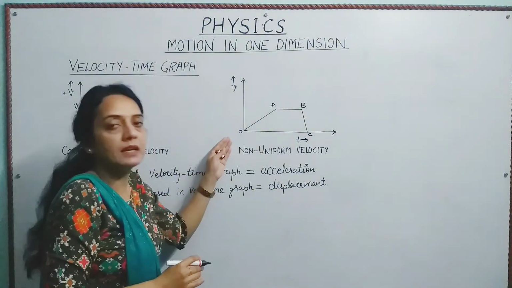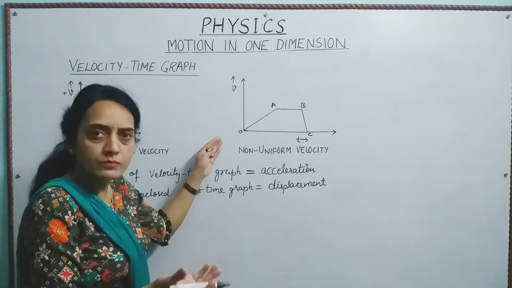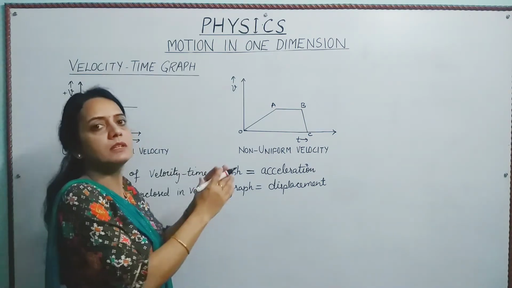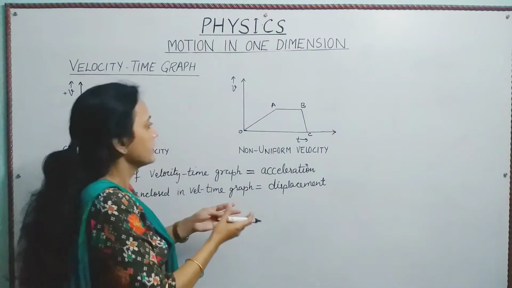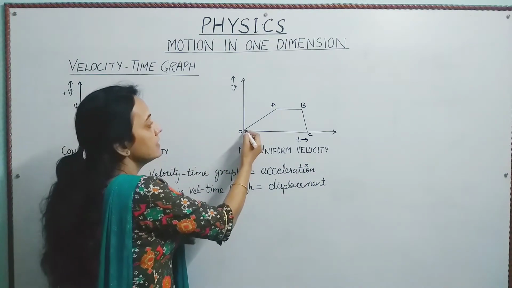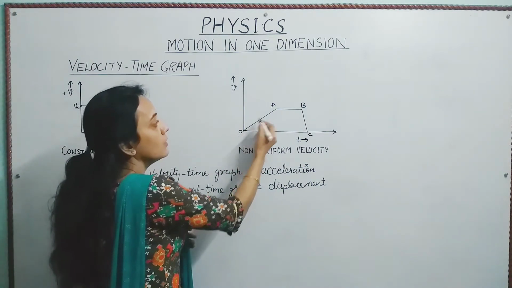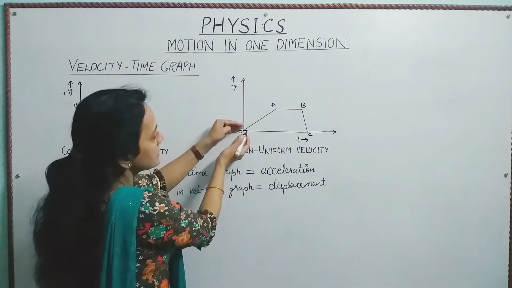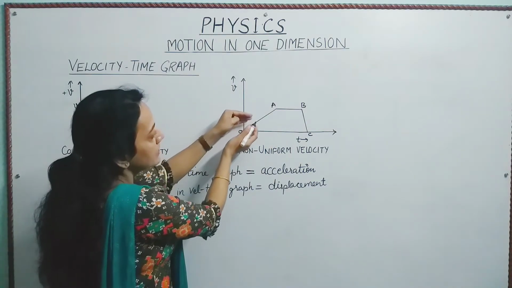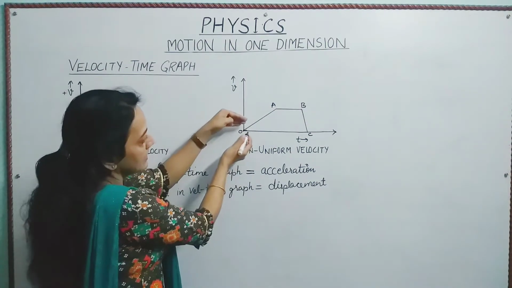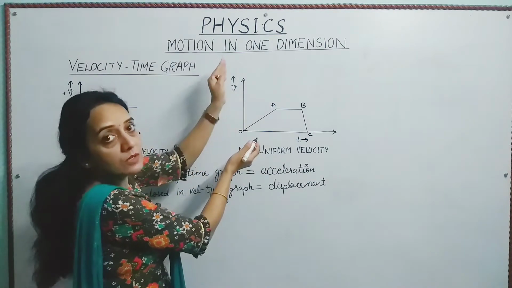Now this is a diagram for non-uniform velocity, meaning the body is continuously changing its velocity. As you see in the first part, that is OA, the body is moving with increasing velocity. As time is increasing, velocity is also increasing.